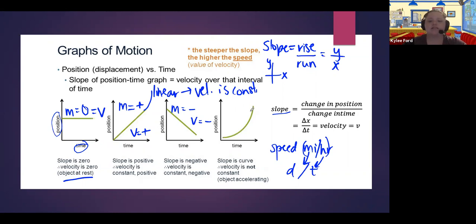But you can see that our position is still changing with time. And because we can't just take the slope easily, we can say that our velocity is not constant.